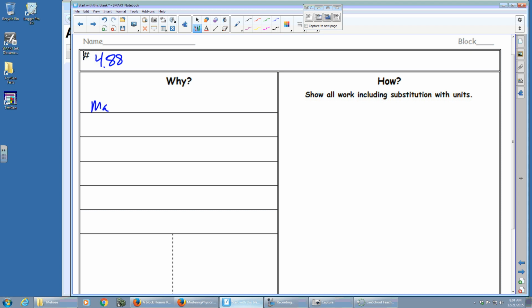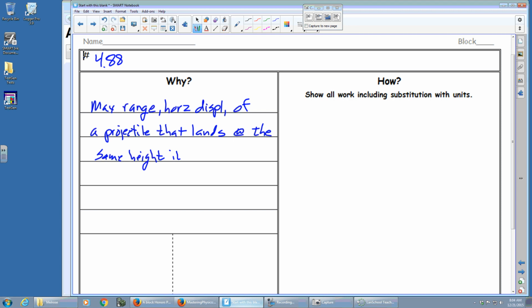That the maximum range, by that we mean horizontal displacement, of a projectile that lands at the same height it is launched is when it is launched at 45 degrees.